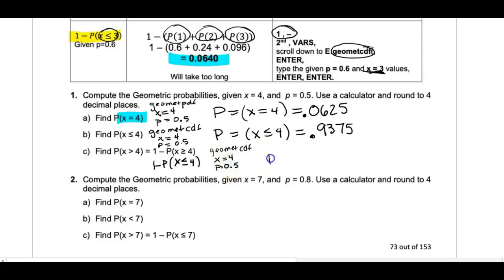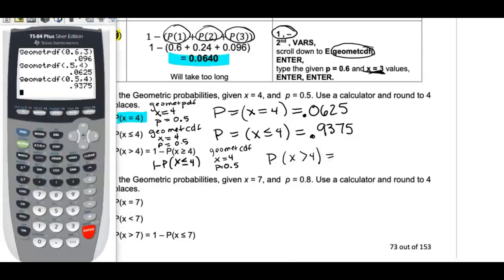Let's go ahead and set this up already. So we're going to have P of x is greater than 4 is equal to, bring out your calculator. Here, this one's different because instead of going to second bars, we're going to go 1 minus and then second bars. Let's find our CDF.